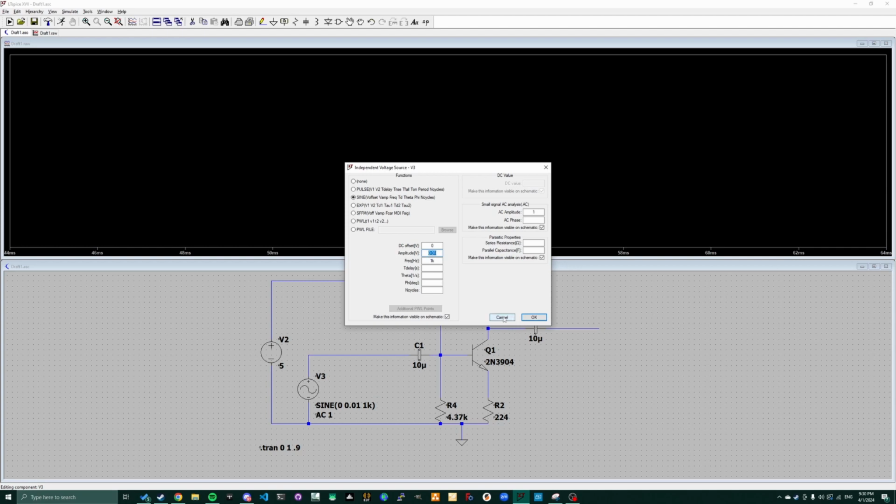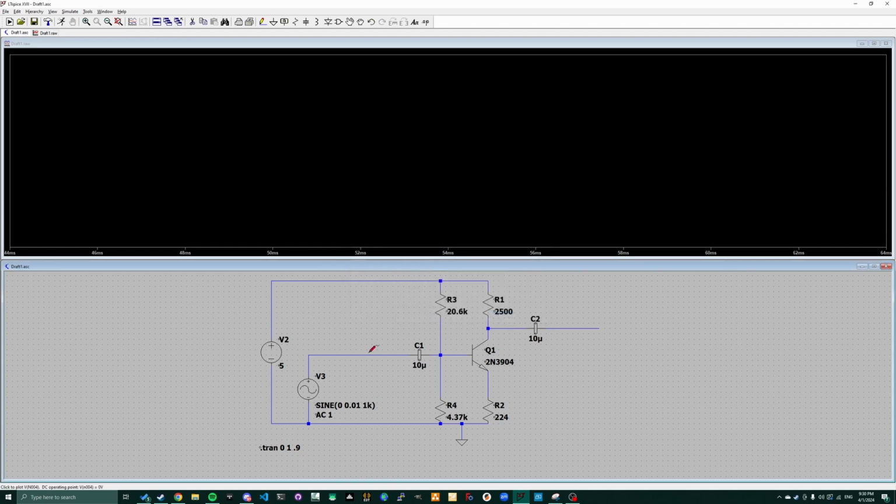However, what I've noticed is that the output is actually 20 millivolts, and there's a reason why, which I'm not going to get into in this video, but it has to do with the input impedance of the amplifier. For audio frequencies like 1 kilohertz, it's not going to matter, but once we start getting into RF amplifier design, we're going to have to actually do the hard part and match the transistor.